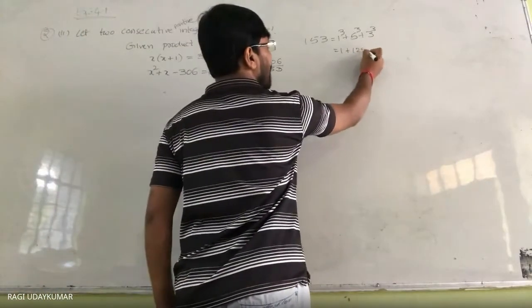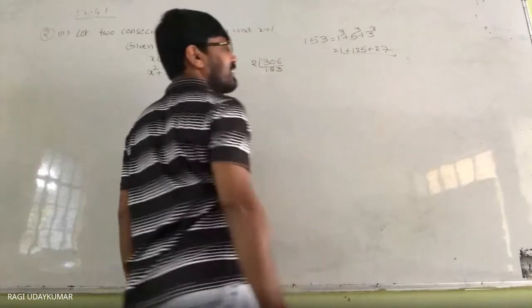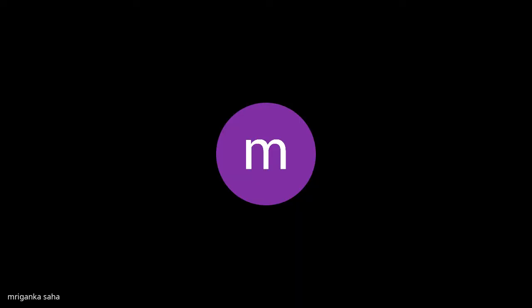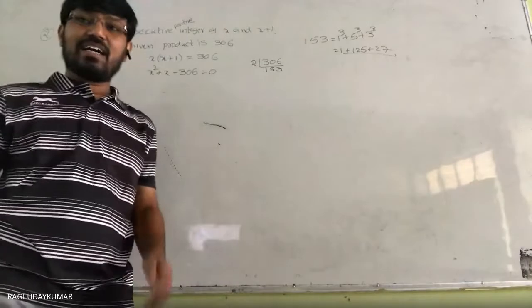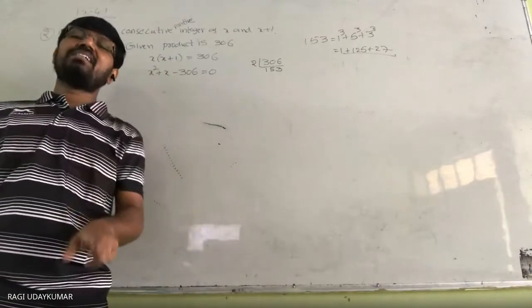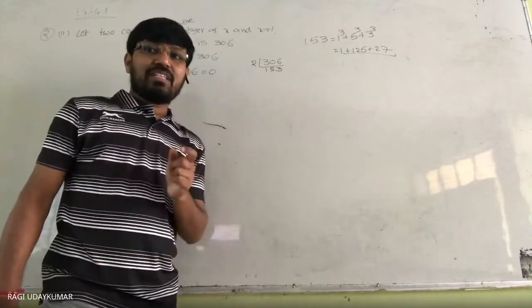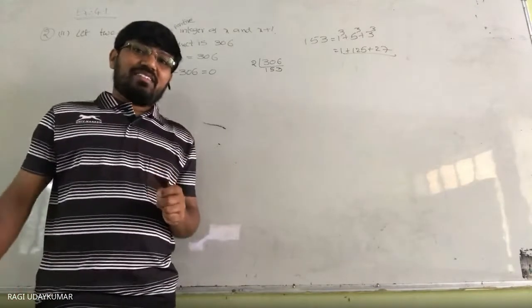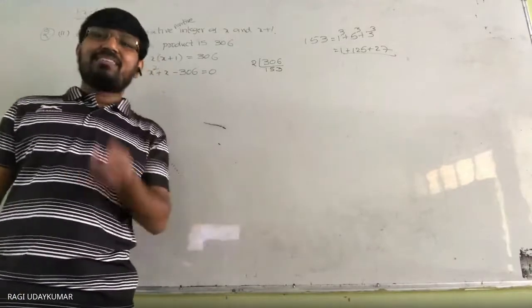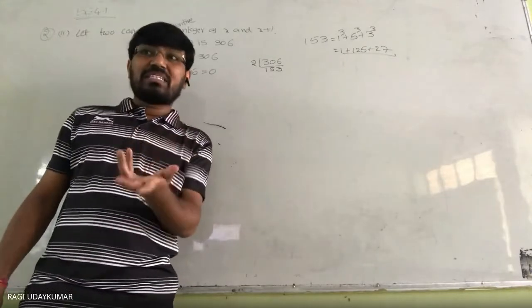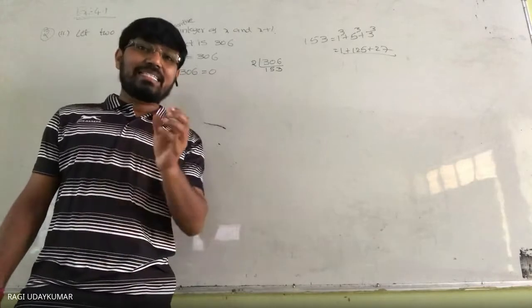1 plus 125 plus 27. What do we get? The sum of the cubes of the digits is equal to the number itself. 153 एक स्पेशल नंबर है. अब समझ आया? इधर उसकी जरूरत नहीं है, but as the number came, I am explaining to you. 153 is a special number and it has a name.